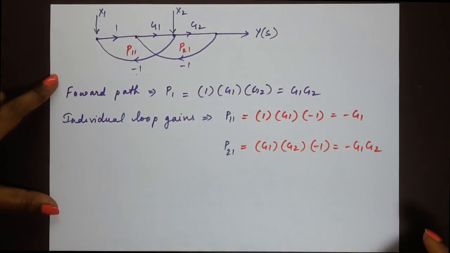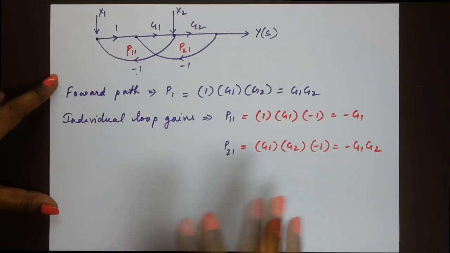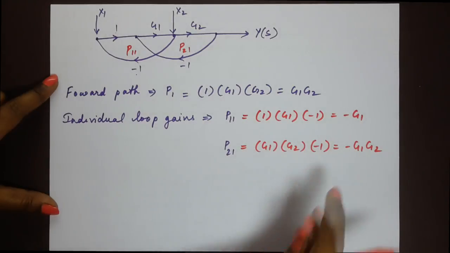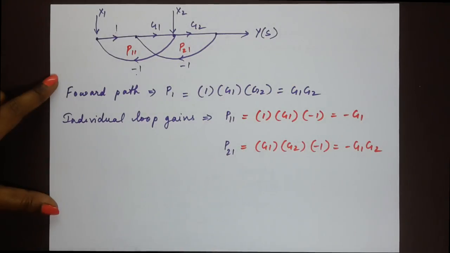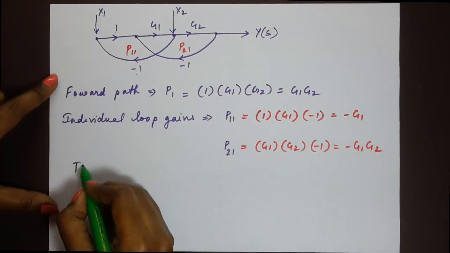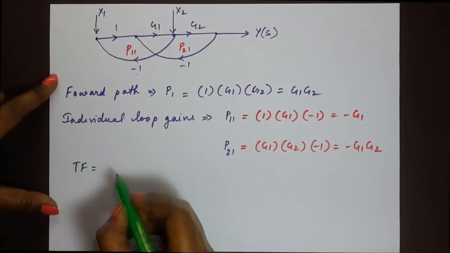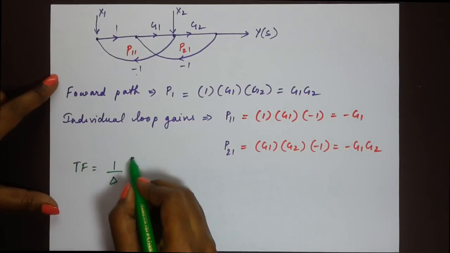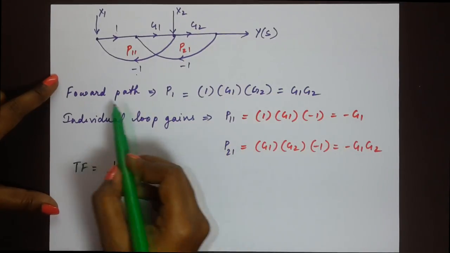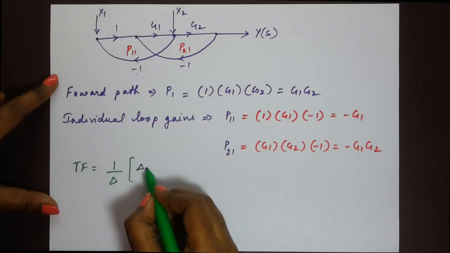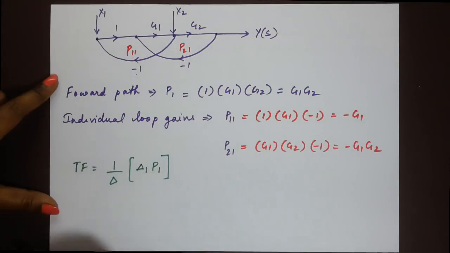So we have our forward path, we have our individual loop gains. The next step is to find out what the transfer function is. We can substitute all that we have already into the transfer function. So the transfer function we saw earlier is 1 by delta into, now since we have just one forward path, we would have delta 1 P1 as the numerator.